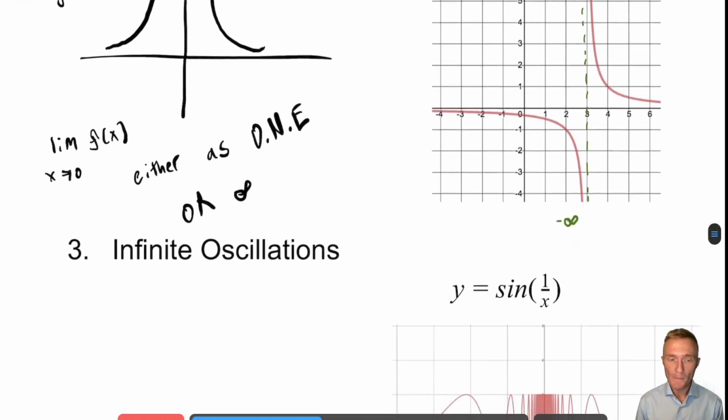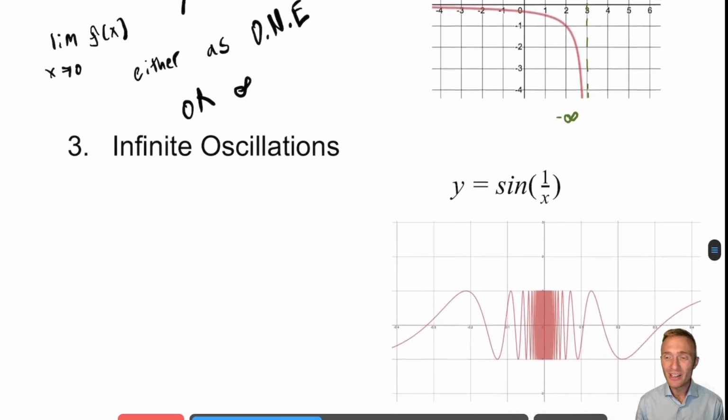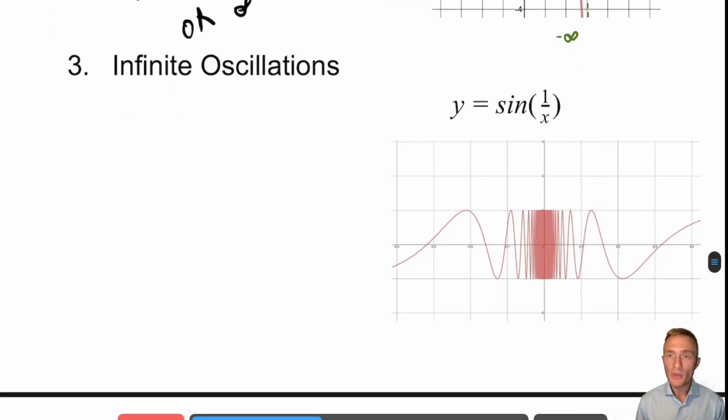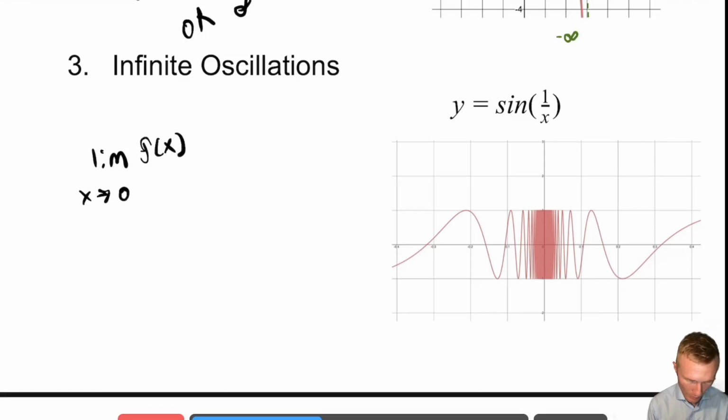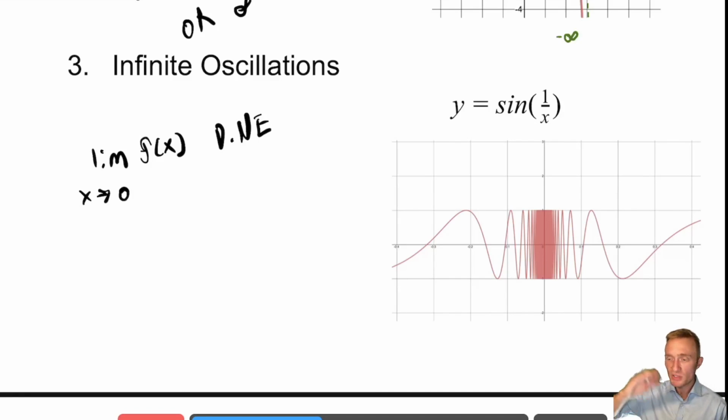The last one is definitely a weird one. It's called infinite oscillations. What that means is your function does not have a limit at a value, in this case at 0. The limit of the function as x approaches 0 does not exist. Because if you were to zoom in on this function, think about how a sine function works. If we do sine of 1 over x, we're alternating through the unit circle.